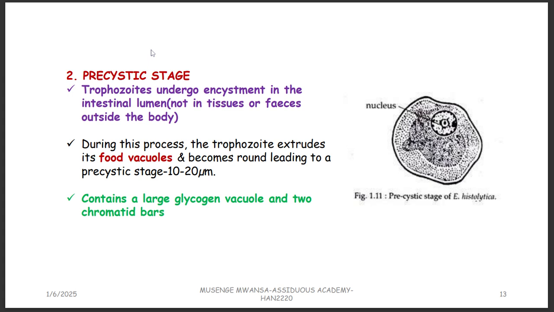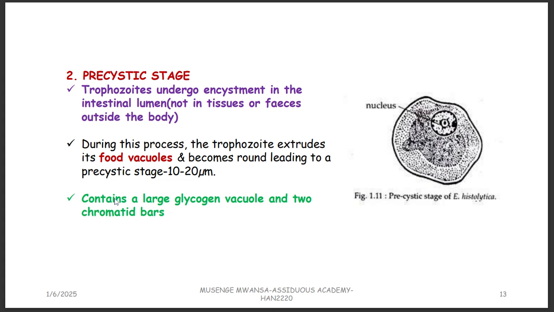Once the trophozoite removes the food vacuole, it is now going to become round. Remember, it was not round; it had an irregular morphology. Once that happens, it has formed the precystic stage, and that's the one that we can see here.